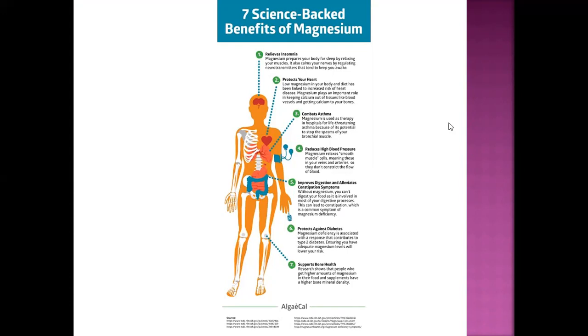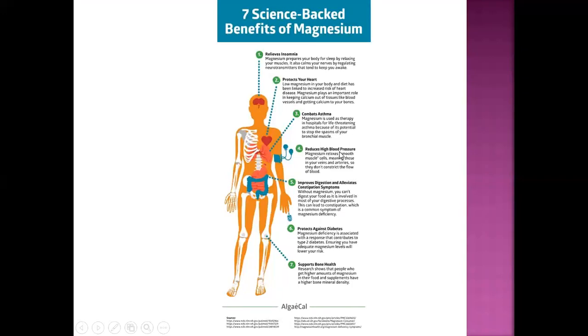It combats asthma. Magnesium is used as a therapy in hospitals for life-threatening asthma because of its potential to stop the spasms of your bronchial muscles.